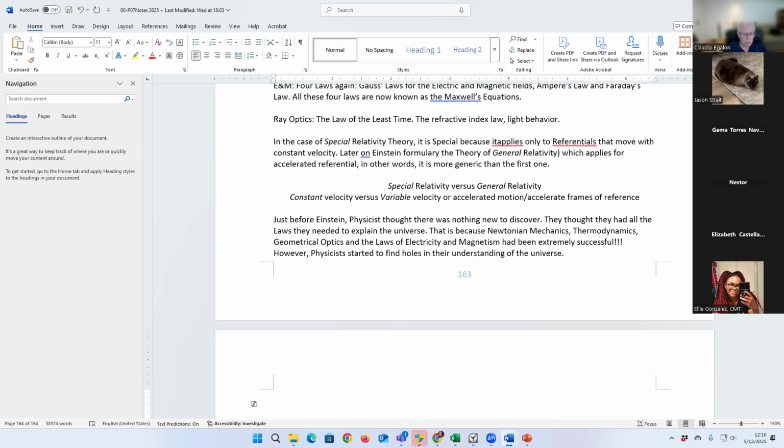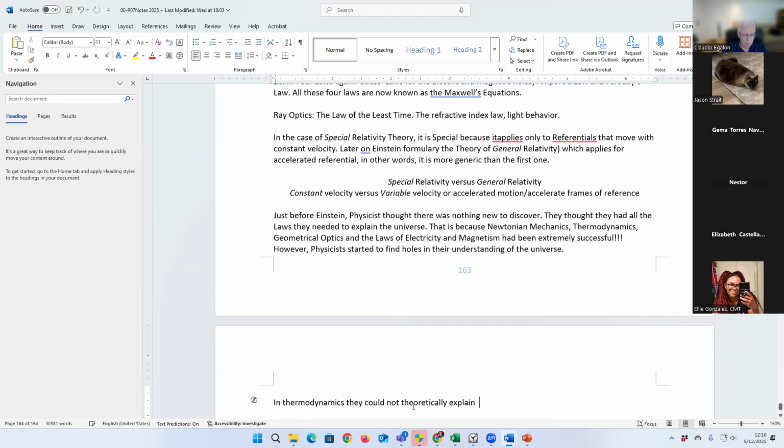So one of the things that they were having problems with, in thermodynamics, they could not theoretically explain the problem of the black body.